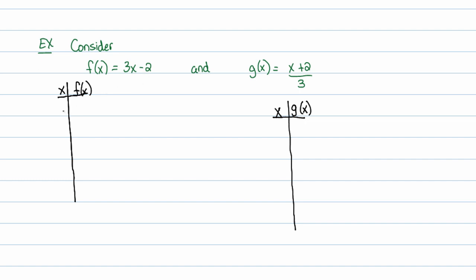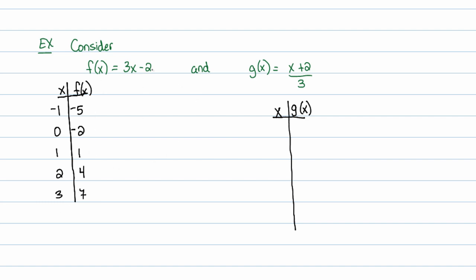So in our first table, I'll plug in values like -1, 0, 1, 2, and maybe even a 3. -1 leads to -3 minus 2, or -5. 0 leads to -2. 1 leads to, well, 1 actually. And then 4, and then 7.